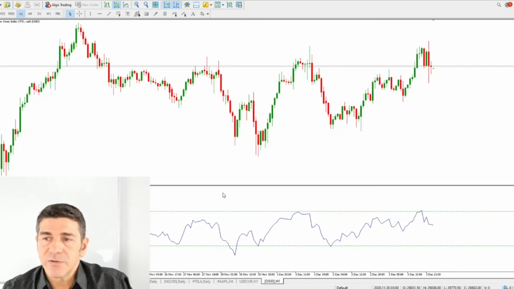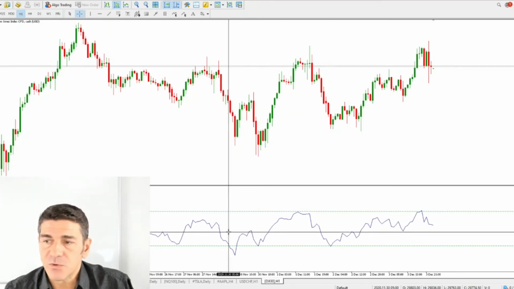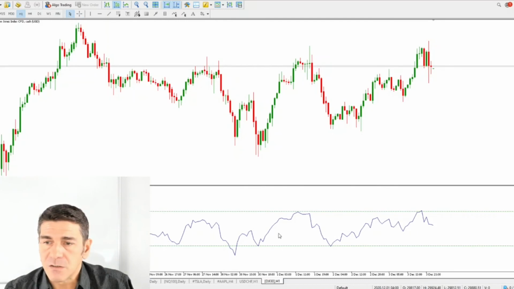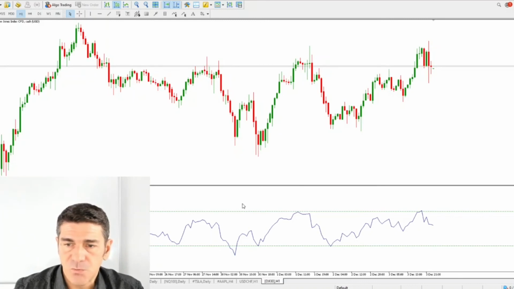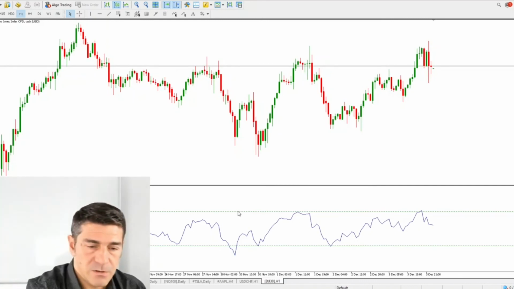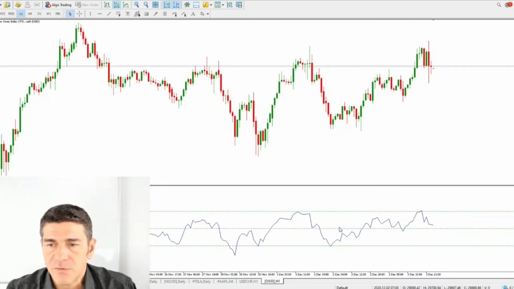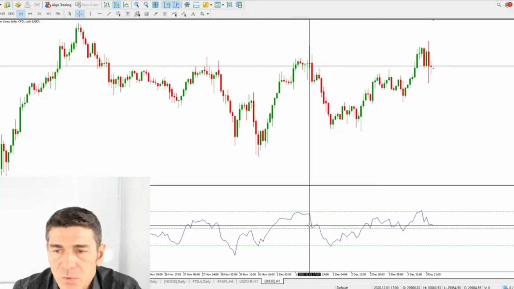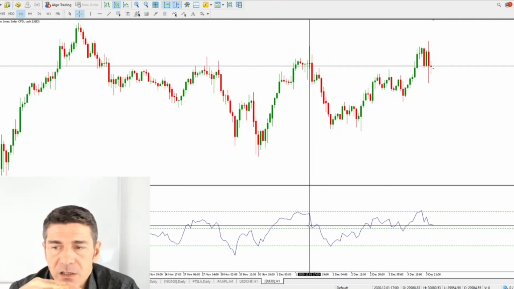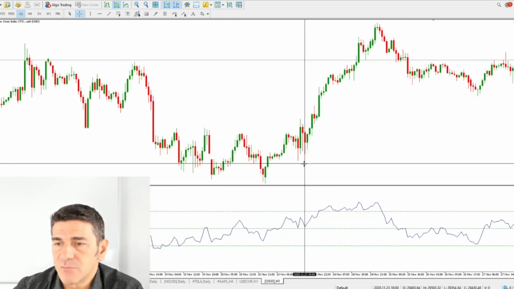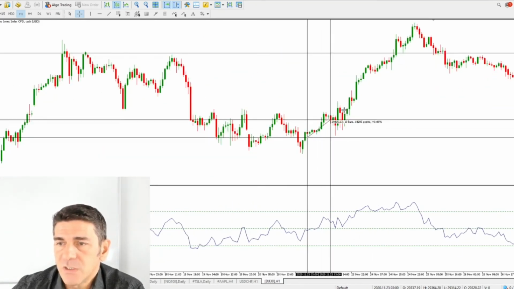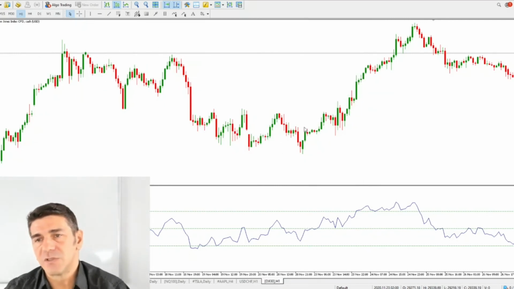Also something else that is not so popular is to use in RSI some additional level, I mean the level 50. When you put this level 50, you can use it as an indicator, especially when we have a strong trend. Let's say at this moment we see that the downtrend is over.